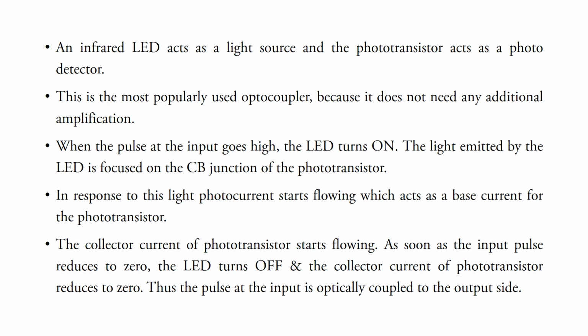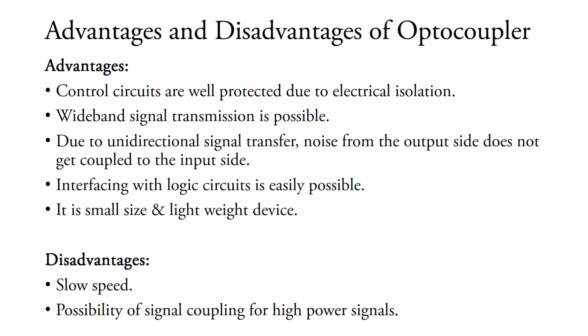When the pulse at the input goes high, the LED turns on. The light emitted by the LED is focused on the common base junction of the phototransistor. In response to this light, photocurrent starts flowing, which acts as the base current for the phototransistor. Clear? So the pulse at the input is optically coupled to the output.